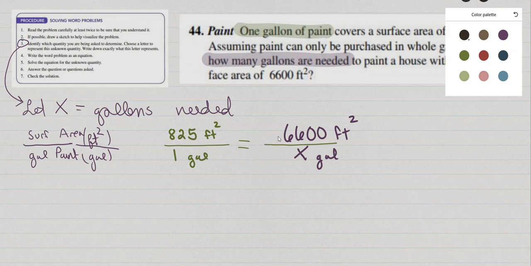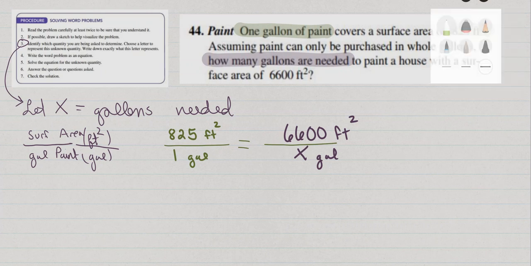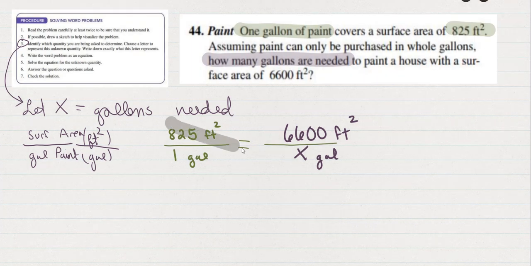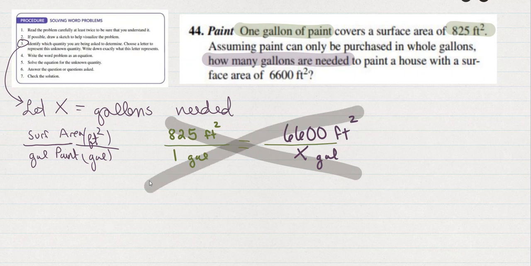The next step is I'm going to use cross multiplication. So I do the bottom of one fraction times the top of the other is going to be equivalent to the bottom times the top the other way. The reason it's called cross multiply is I'm multiplying across here and across here.